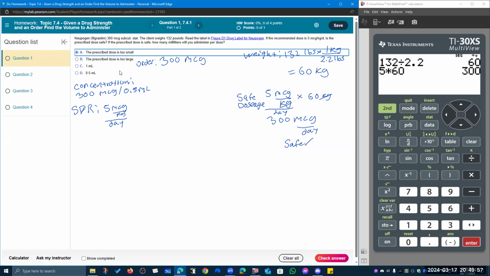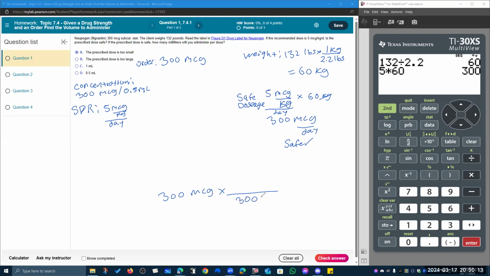So now, since it's safe, we're going to figure out how much we are going to dispense. So 300 micrograms times, and then there's 300 micrograms per 0.5 milliliters.